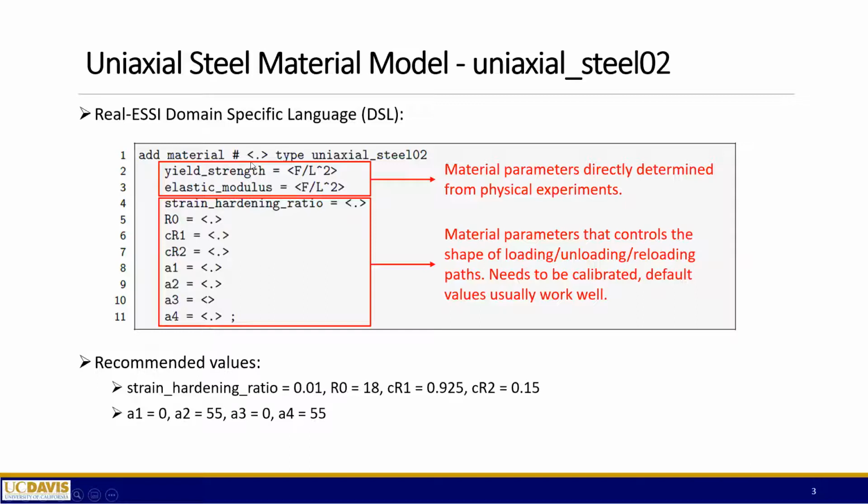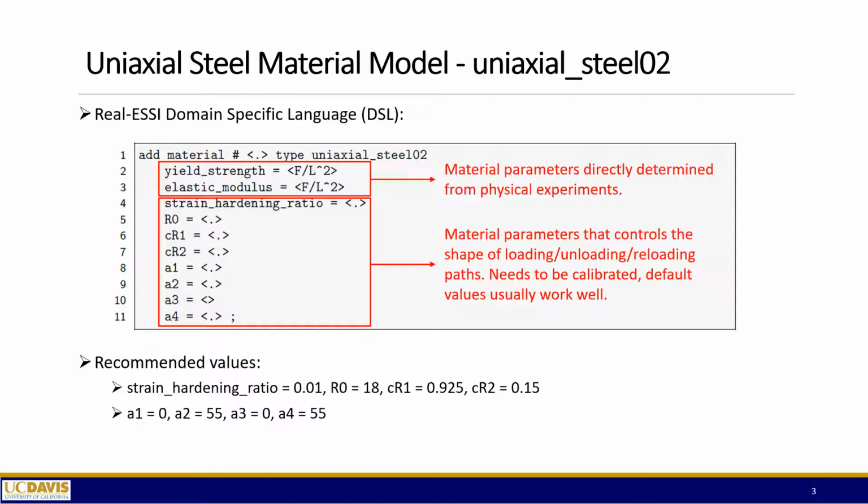The first two are material parameters that can be directly determined from physical experiment: the yield strength and the elastic modulus. Usually when you have a structural steel, those numbers should already be given by the manufacturers. Or if you want to do your own test, then you can get a more direct number from your physical test.